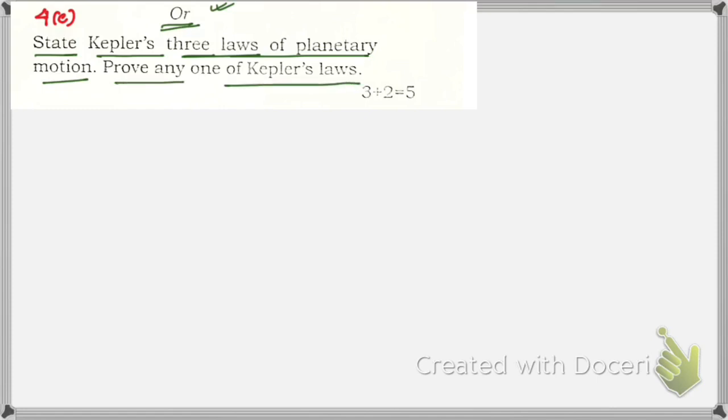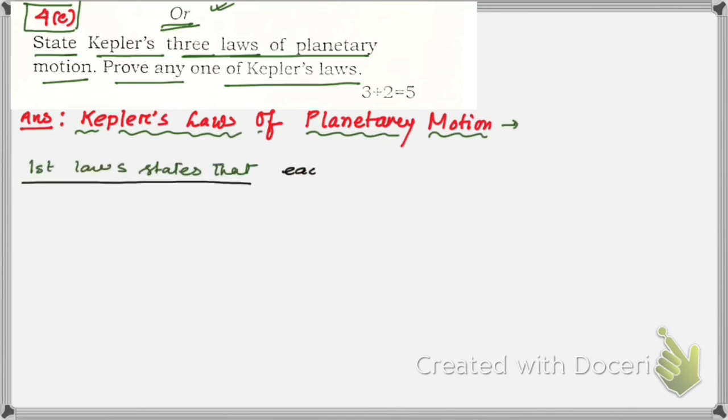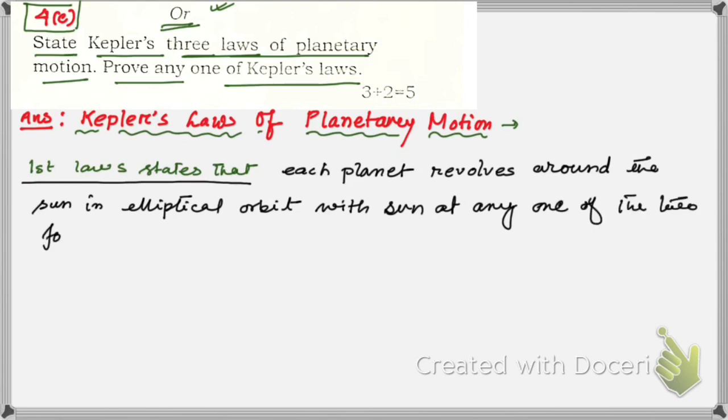First, let me write the statements of the 3 laws of planetary motion, those are Kepler's laws. So here is the first law. It states that each planet revolves around the sun in an elliptical orbit with the sun at any one of the foci, any one of the two foci, right?